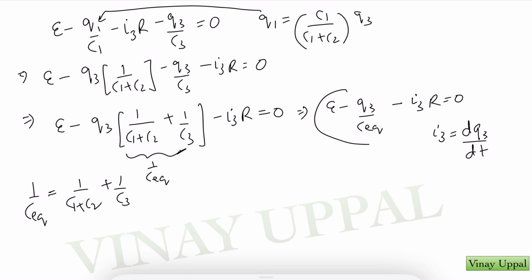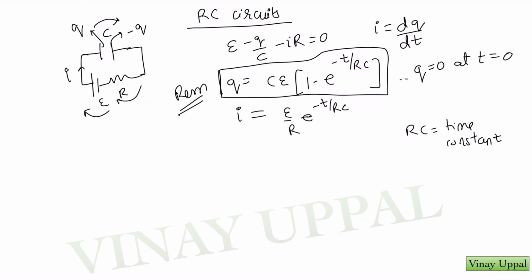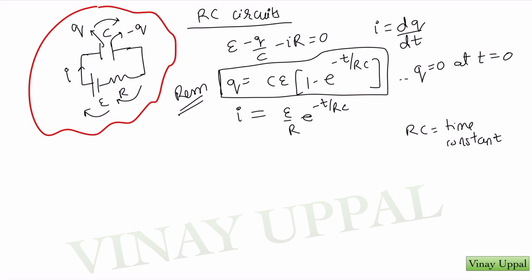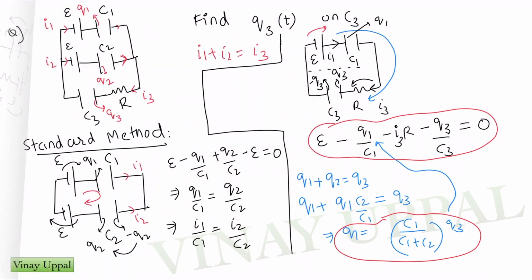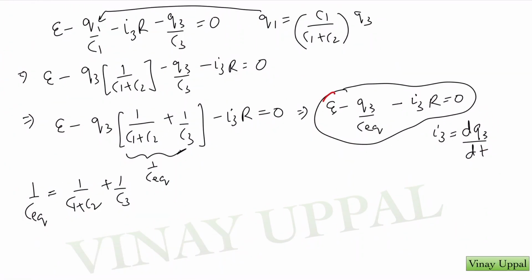Now this final equation, you should see that it is very similar to a single circuit, when you have a single capacitance, single resistance and a single battery. This equation, E minus Q by C minus IR is 0.